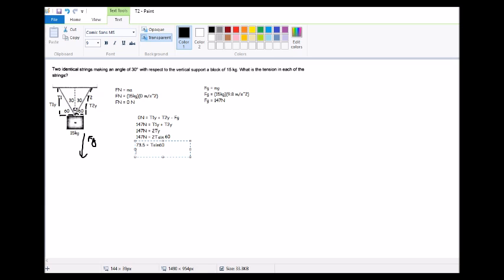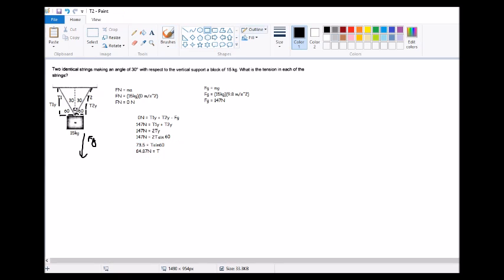And then we could divide both sides by sine of 60 to isolate the variable. So if we do 73.5 divided by sine of 60, we get 84.87 newtons equals T. So that's the tension in each of the ropes. Because they're identical, they would be the same.